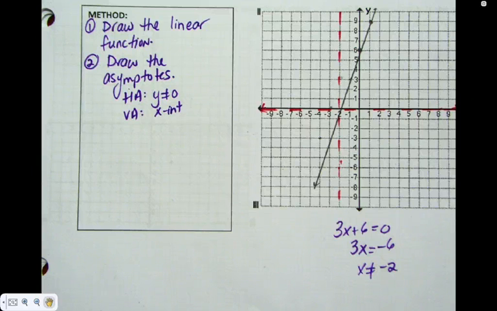Turn and talk. Okay, what are the only numbers that are their own reciprocal?